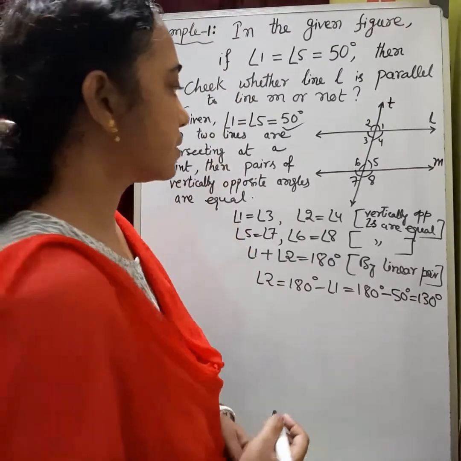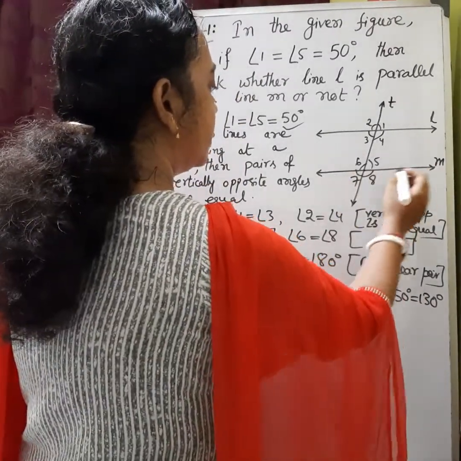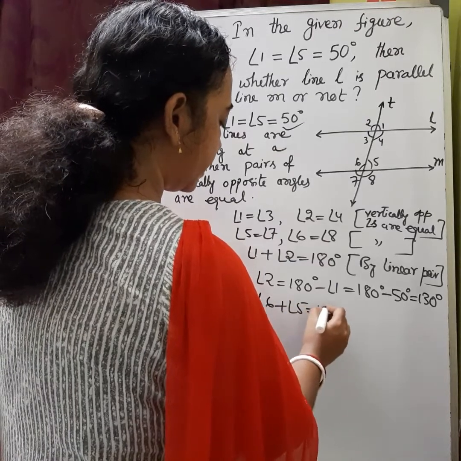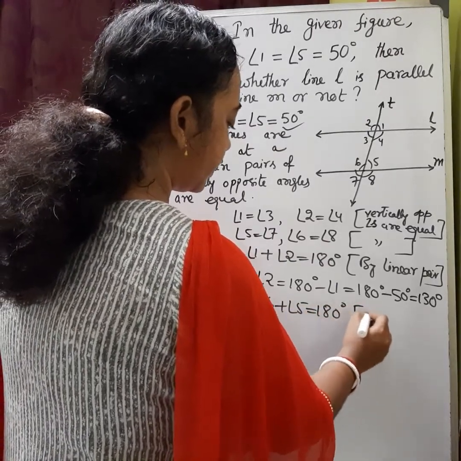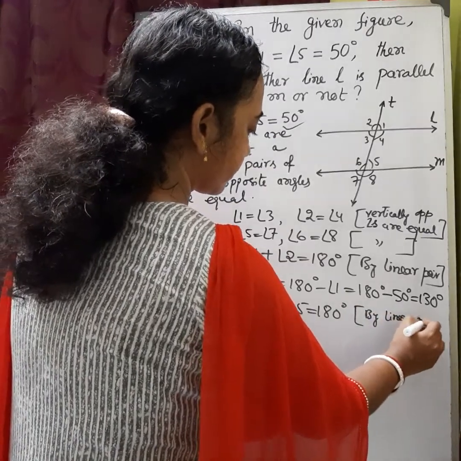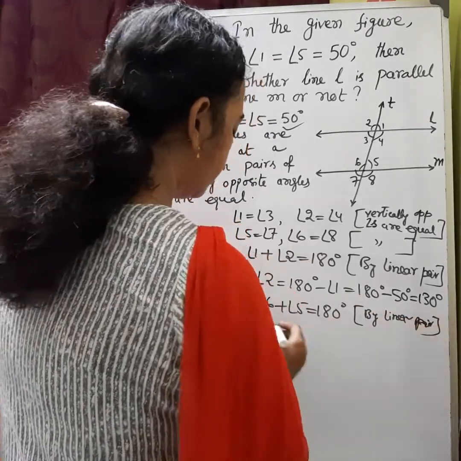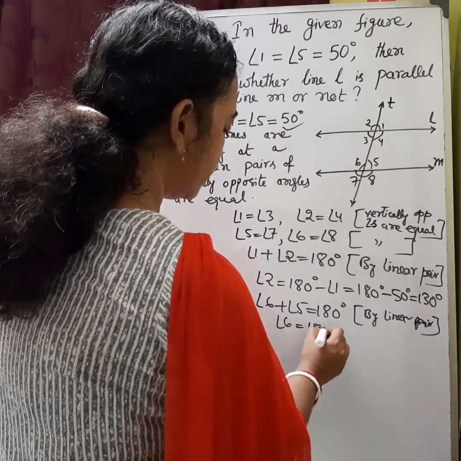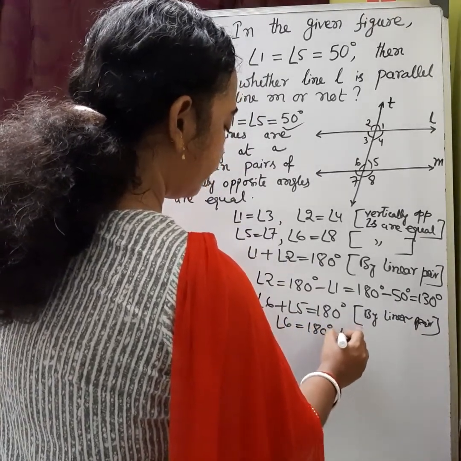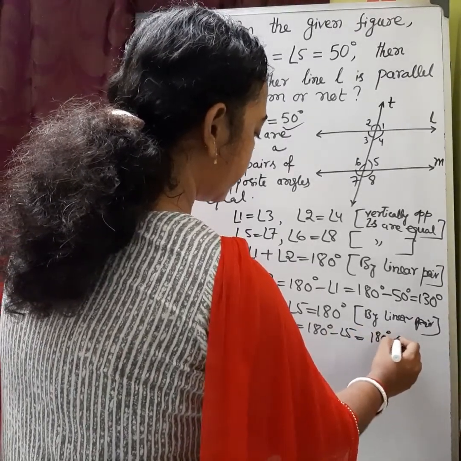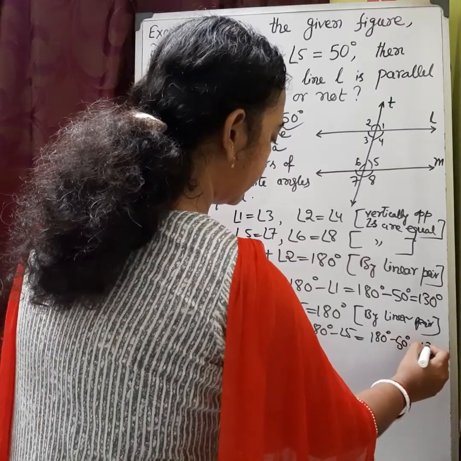Similarly, by the same reason, in line M we can consider angle 6 plus angle 5 is equal to 180 degree by linear pair. So here angle 5 is given, so angle 6 will be equal to 180 degree minus angle 5, that is we get 180 degree minus 50 degree is equal to 130 degree.